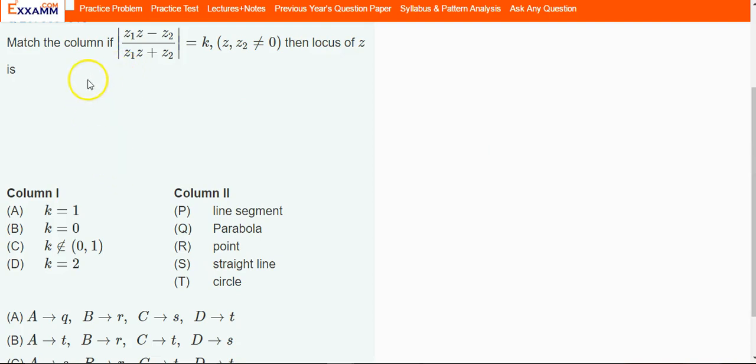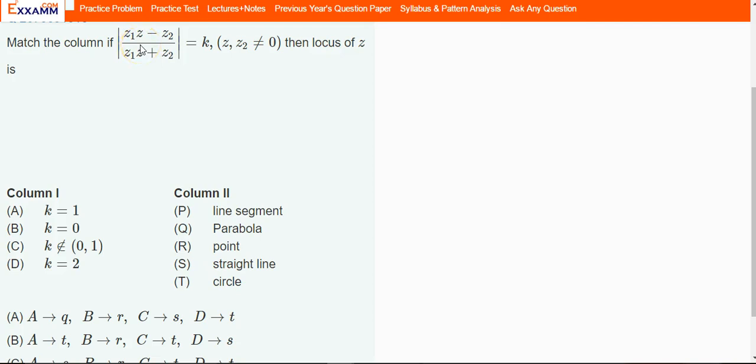Now I just want to revise some theory, because this kind of pattern keeps on coming in JEE exams time and again, especially for mains level problems and even in some advanced level problems.